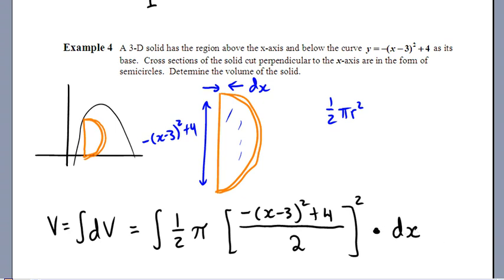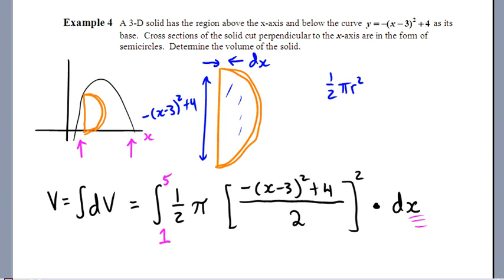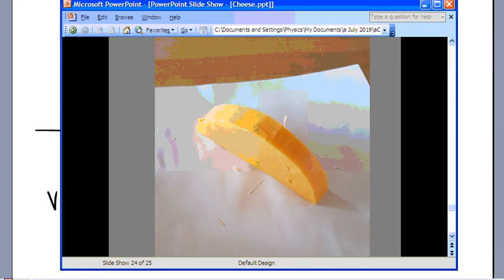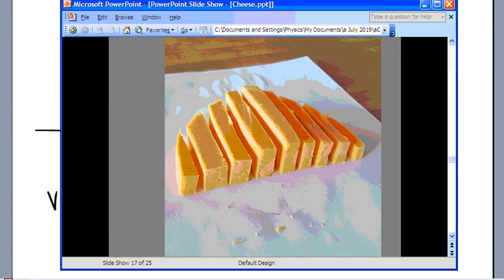And again, that dx, the fact that there are x's here says, okay, x's are in charge. Where's the first chunk of cheese? Where's the last chunk of cheese on the x-axis? Well, the first chunk is at 1, and the last one is at 5. So we're doing these areas of cross-section where we're imagining taking this volume, a three-dimensional shape, and slicing it up into a whole bunch of little beautiful cross-sections.